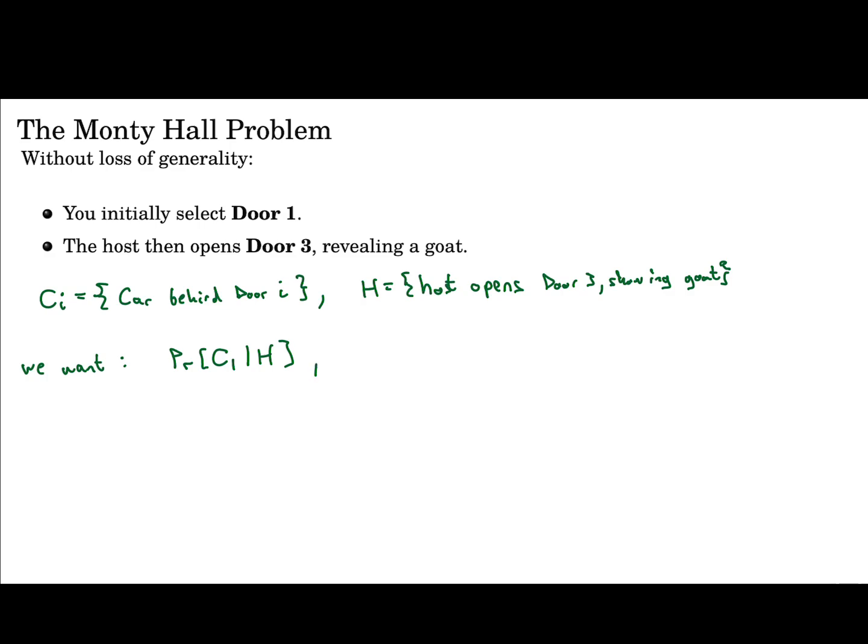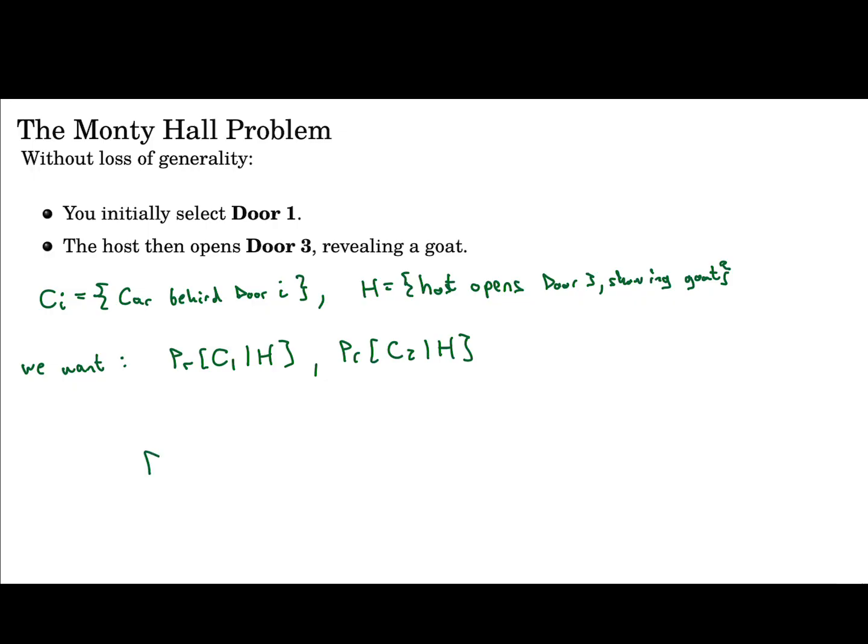And we want to compare that with the probability that it's in the other door, given what the host did. So the idea is we want to update our probability about the car given the new information that we got, right? And like we saw, how do we update information here? We use Bayes' theorem, right?